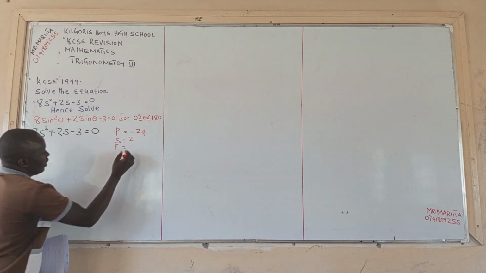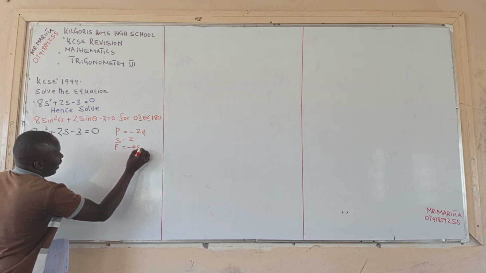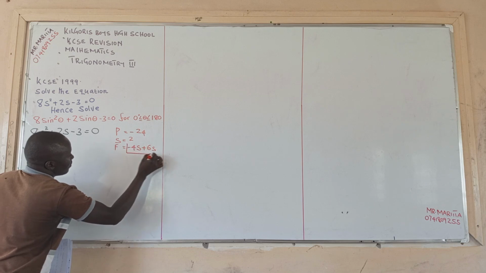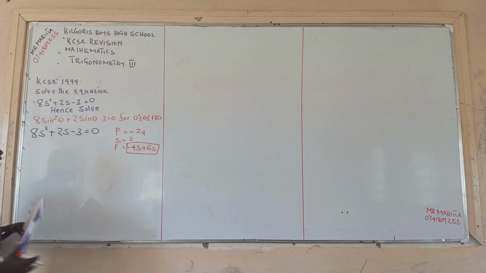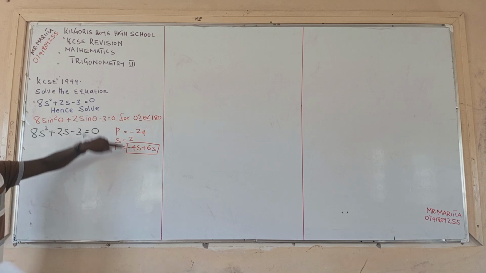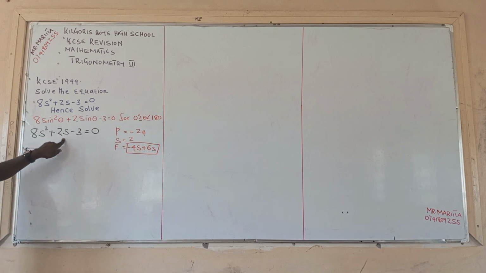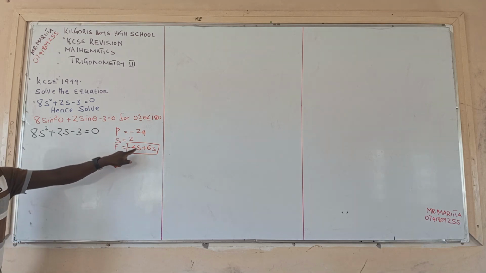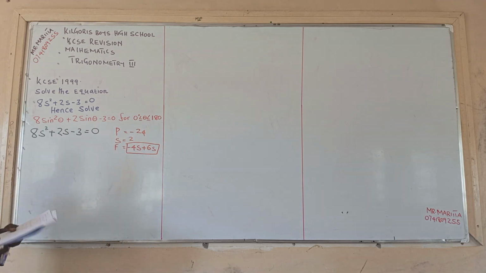Those factors are minus 4s, then plus 6s. That minus 4s plus 6s is giving us this 2s. And when we find the product of negative 4 times 6, we have negative 24.